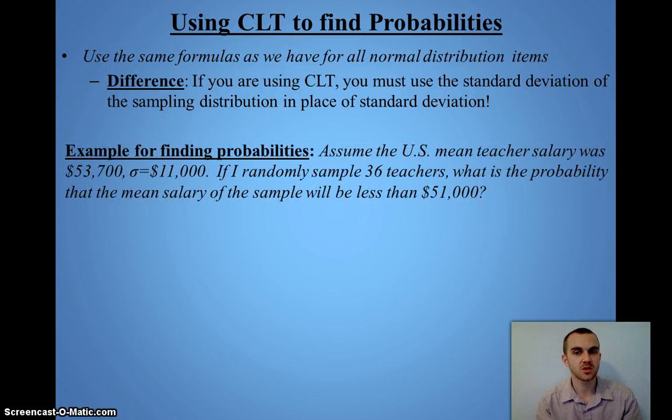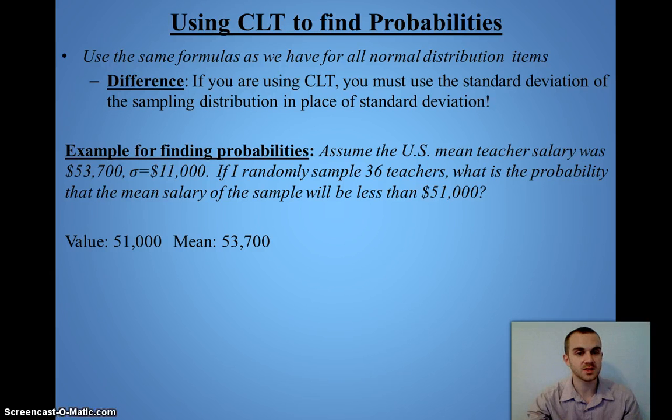So say we're looking at U.S. teacher salaries, with a mean of about $53,700 and a standard deviation of 11,000. Now if I start to take random samples of 36 teachers, I want to know the probability that the average salary of the sample will be less than $51,000. So I know the value I'm looking at is 51,000, and I know my mean is 53,700.